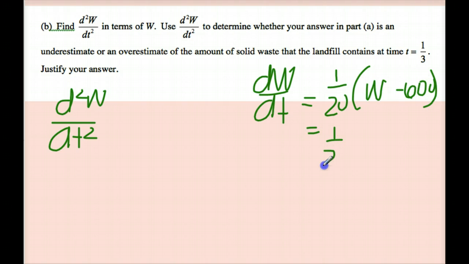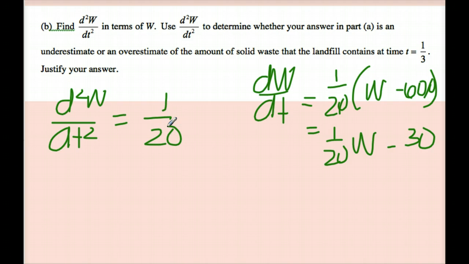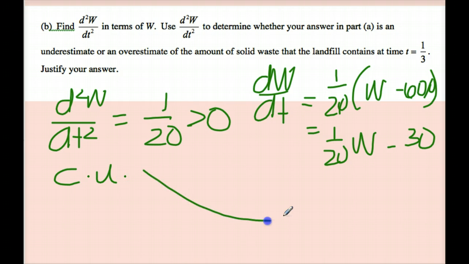And I get 1 over 20 w minus 30. If I take this derivative, I get 1 over 20. This is positive, it's greater than 0, so that means I'm concave up. So if I'm concave up, we know that this is an under approximation.